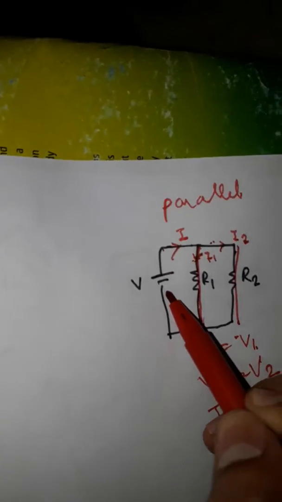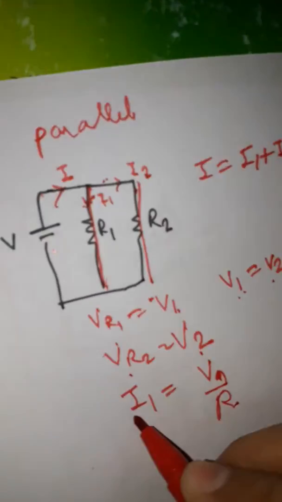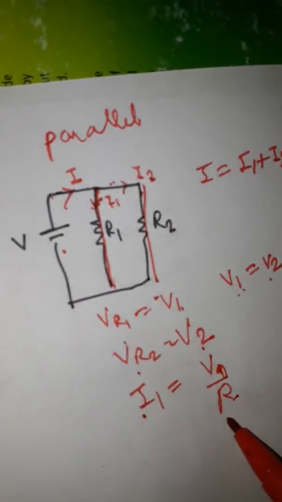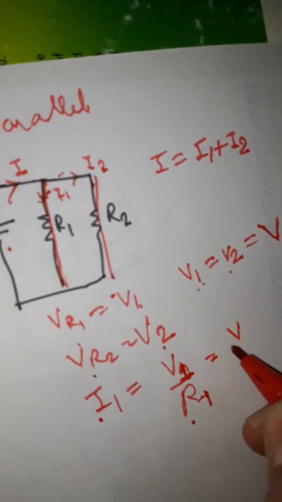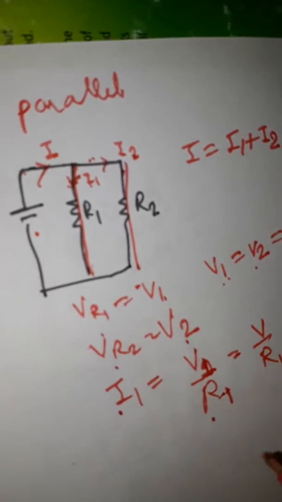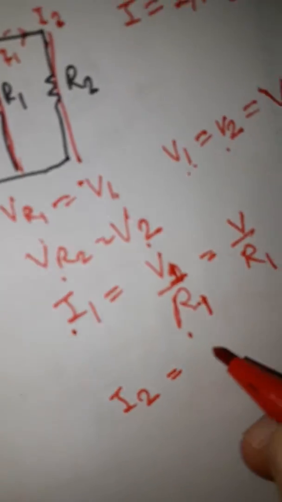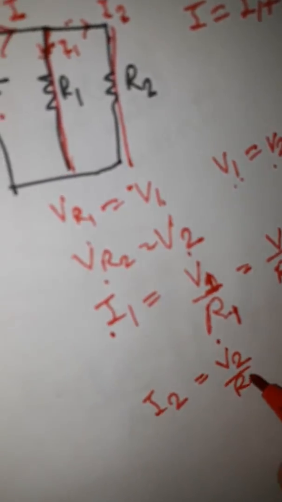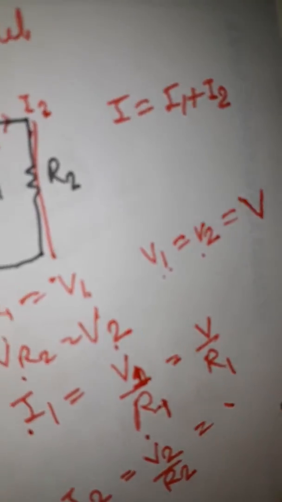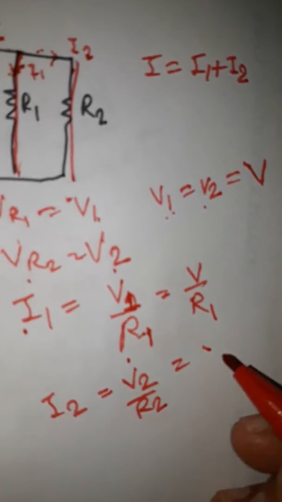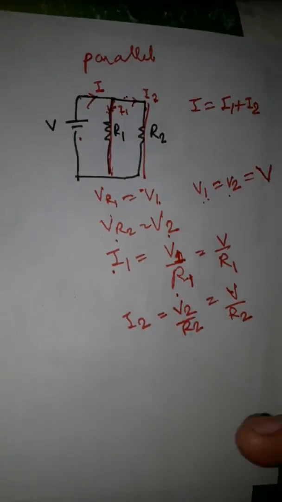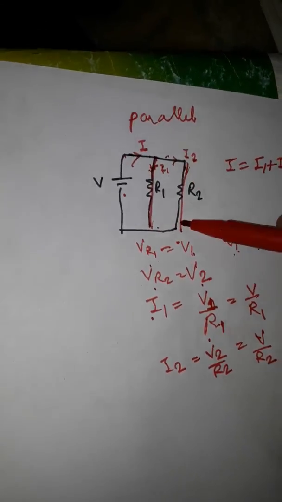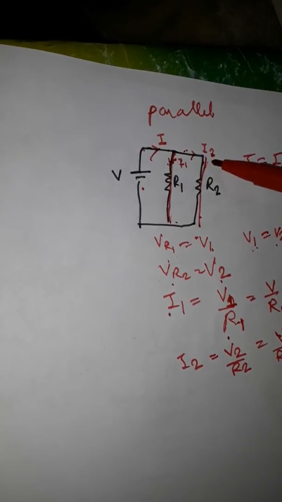That is the supply voltage. So what will be I? I1 is equal to V1 upon R1, and V1 is nothing but V, so I1 is V upon R1. I2 is equal to V2 upon R2, but V2 is nothing but V, so I2 is V upon R2. In parallel connection, voltage always remains the same whereas current gets divided.